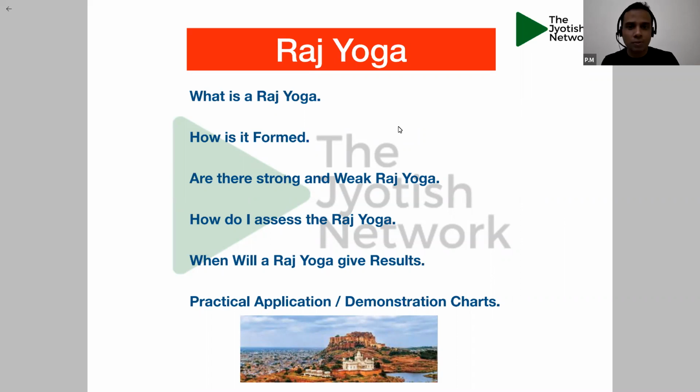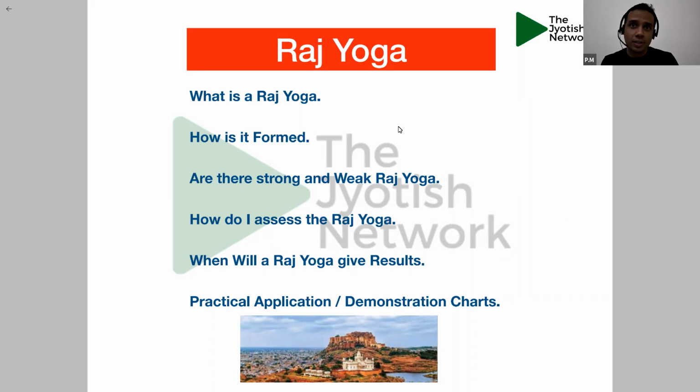Sources of strength could include that they are exalted, in their own sign, involved in an exchange, or have a source of strength in the Navamsha. But in addition to that, we also look at whether they repeat from different lagnas, and whether there's a benefic influence or a malefic influence on the Raj Yoga.